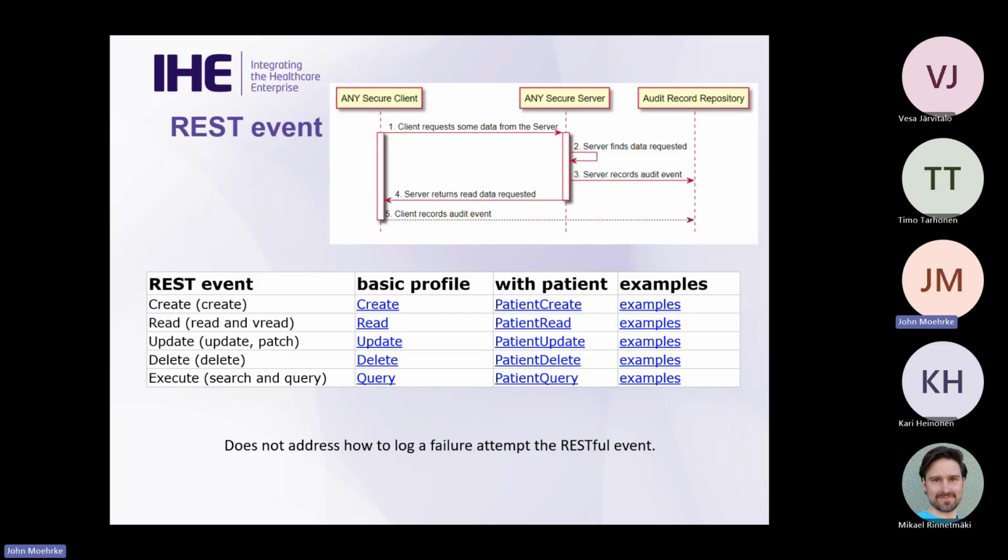Column 2 is about any resource that is not patient specific. Column 3 is any resource that is patient specific. And really all that 3 does is it adds the patient specifics in a consistent way so that you can say, hey, given this patient, what are all of the audit events related to this patient? So it enables that level of query.